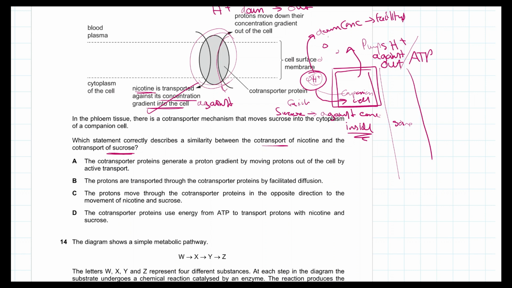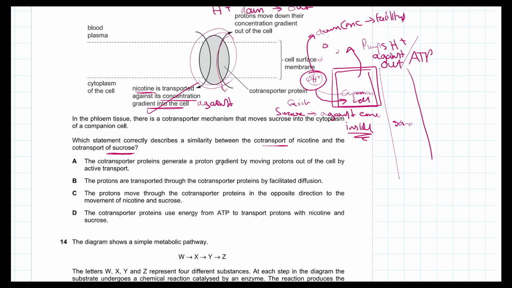Now let's see the suggestions that we have here. A, the co-transporter protein generates a proton gradient by moving protons out of the cell by active transport. Now this is not the case here, as we could see that protons move down their concentration gradient outside the cell. And here for the sucrose, protons go back in against the concentration gradient.